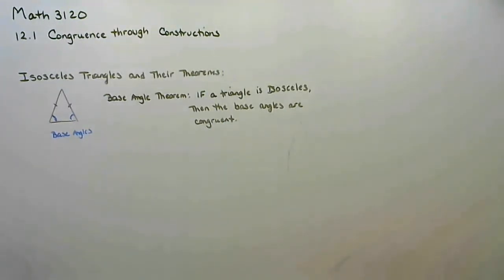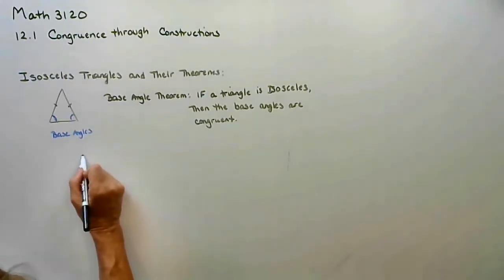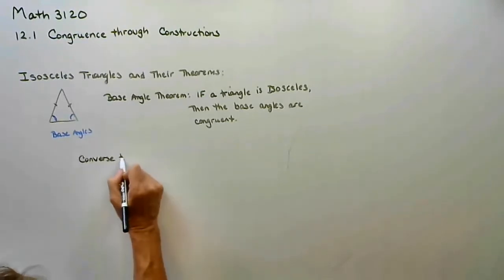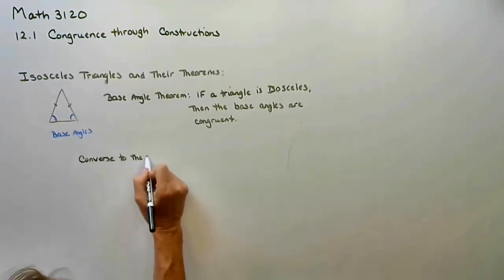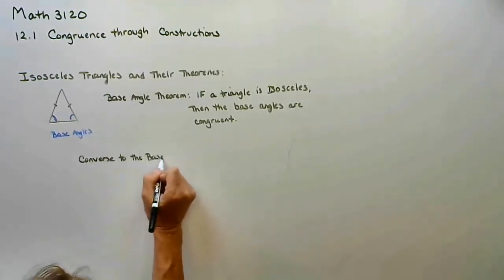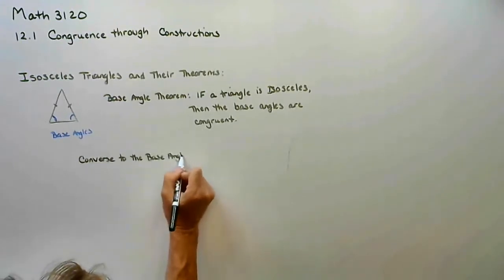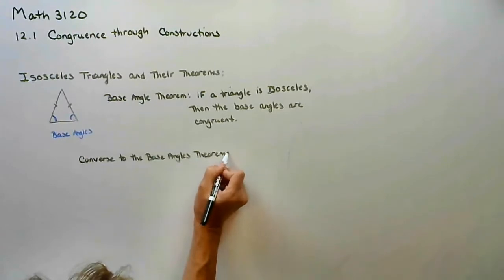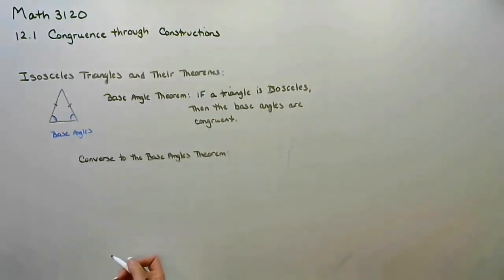And then we have the converse to the base angle theorem. And a converse just says you state it the other way. You might remember from last class, you had converse, inverse, contrapositive.